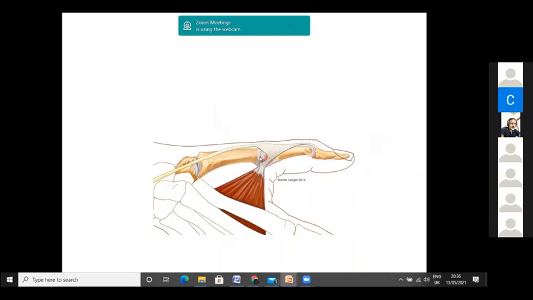This is adductor pollicis, and if this ligament is falling above the adductor tendon, the chances of it healing are less. So what do you need to do? You need to take this out, place it underneath the adductor tendon, and stitch it up. That's the importance of identifying a Stener lesion.